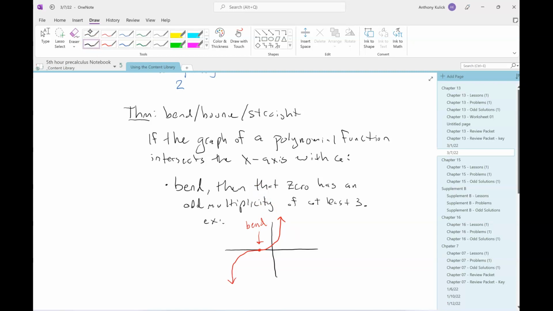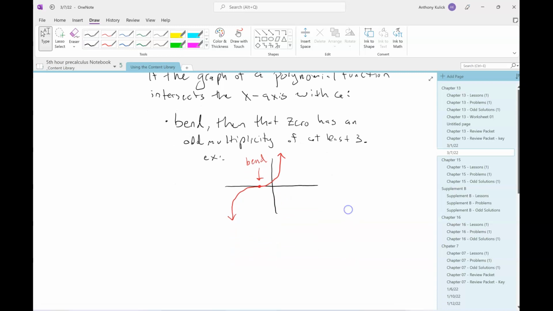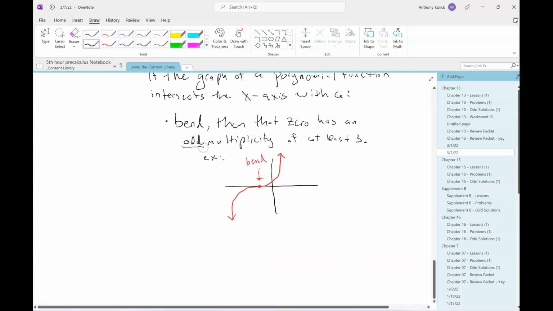So we say that if the graph of a polynomial function intersects the x-axis with a bend, then that 0 has a multiplicity of at least 3, or an odd multiplicity of at least 3. And what a bend looks like is the picture I drew below.